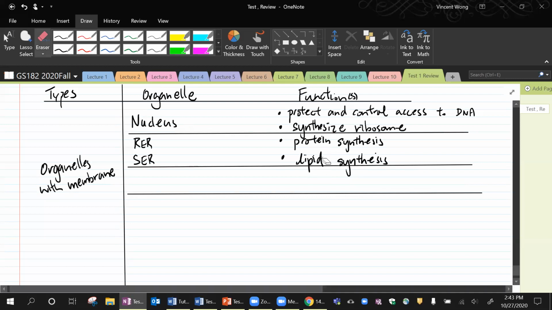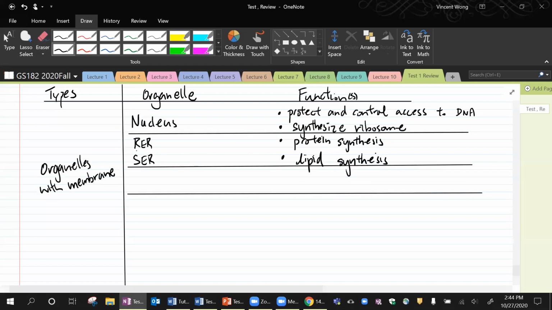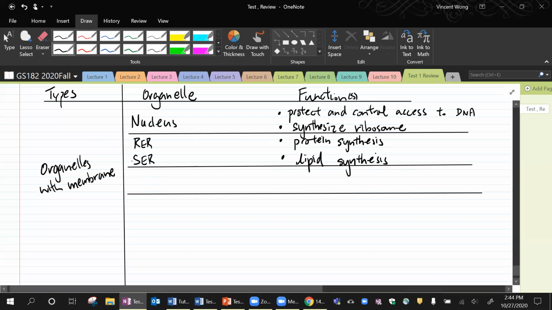Steroid hormones are lipids, so you would expect it to have a lot of smooth ER. You might see some of those questions again in the test. In fact, we took up some questions at the beginning of each tutorial, so those questions are worth revisiting in preparation for the test.